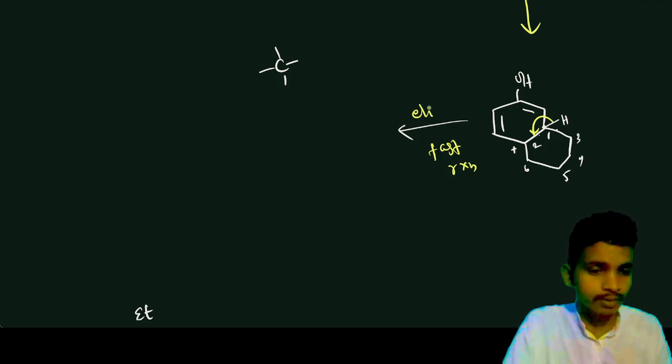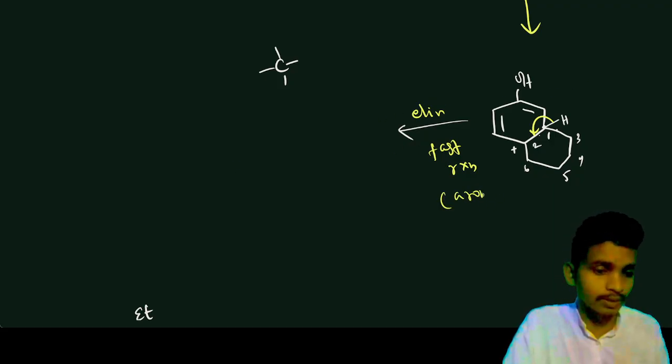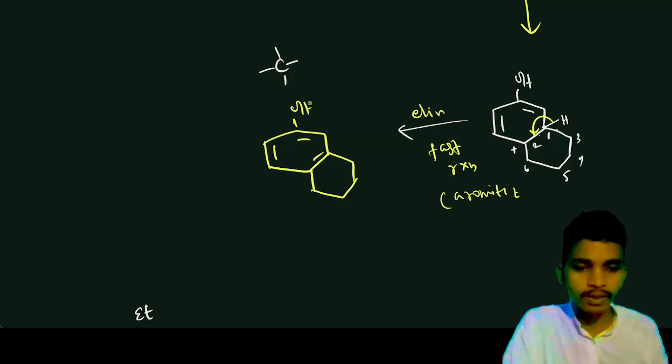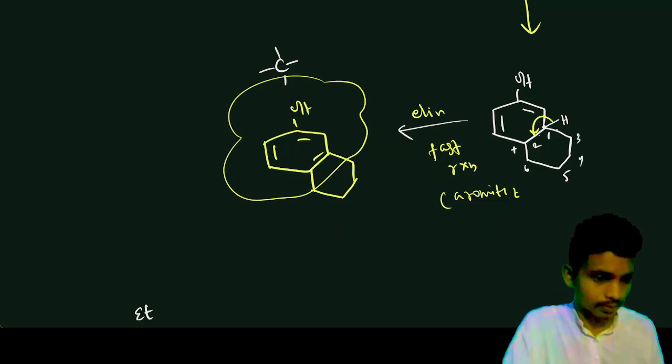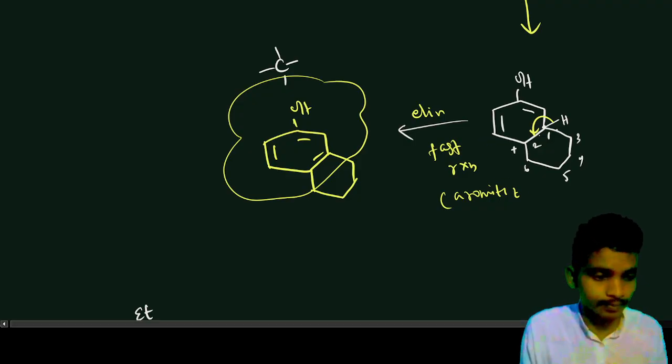This is elimination, because aromatization is happening, or you can write aromatization. So what we'll get here is this one, and here a wedge. We see that we will get the phenyl ring. That's why it's called the dienol phenyl rearrangement.